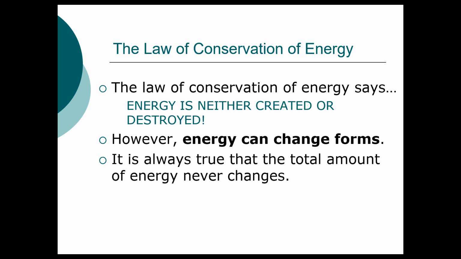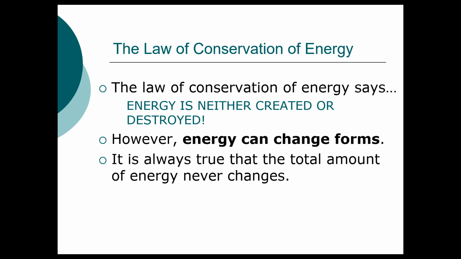This law says that energy is neither created nor destroyed, but it can change forms. So it can go from kinetic energy back into potential energy. You can have something that has a form of mechanical energy, and that's converted into sound energy or light energy or heat energy. And so in addition to being able to identify forms of energy, you also need to be able to identify transformations of energy.